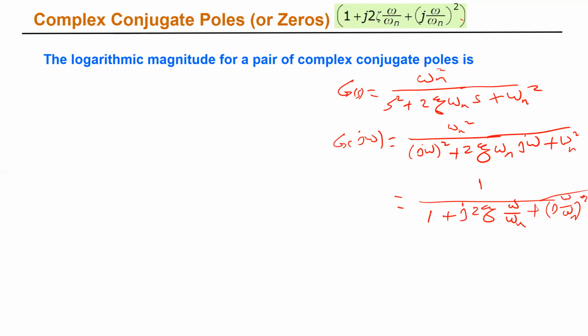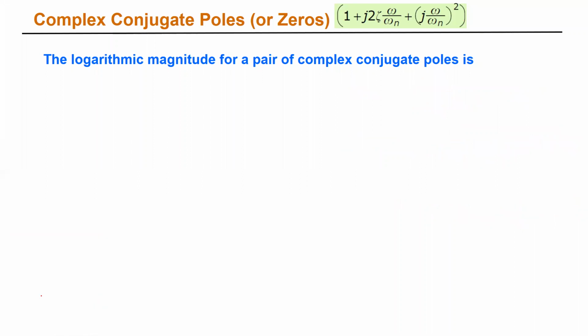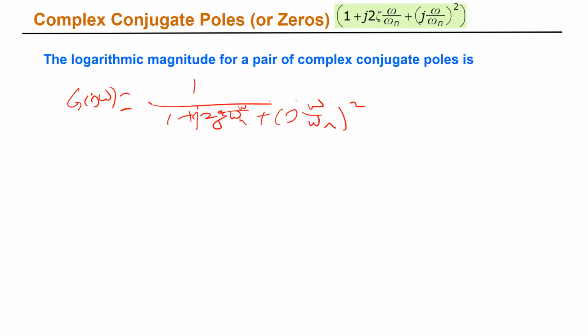Now let me get the magnitude. If I have G of j omega equal to 1 over 1 plus j 2 zeta omega over omega n plus j omega over omega n squared, how do I get the magnitude? First of all, j squared gives minus omega square over omega n square.